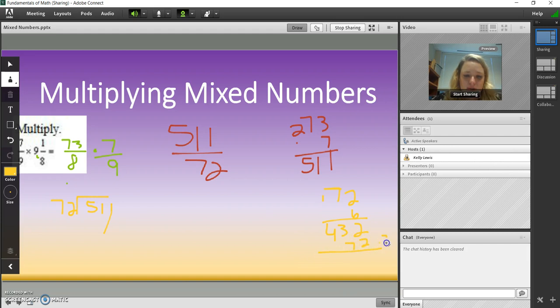This would be times 7. That's 4, so it's 504. So 7 works. 504. If you're in education, that number means something to you. 11 minus 4 is 7. I knew that. So we get 7 and 7 over 72.